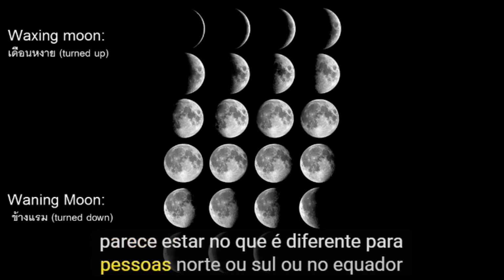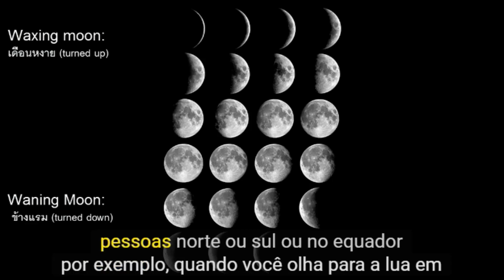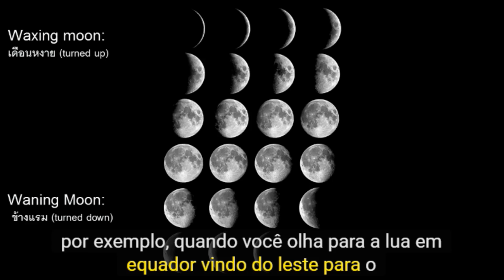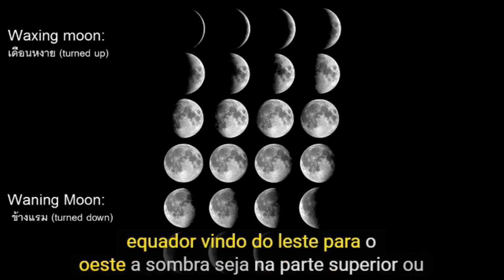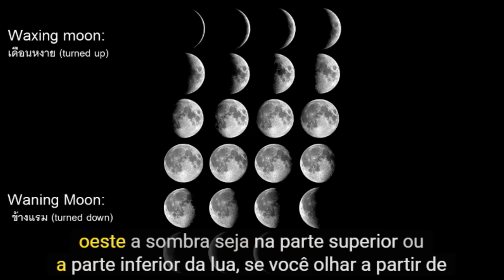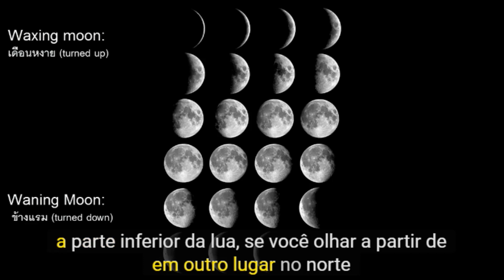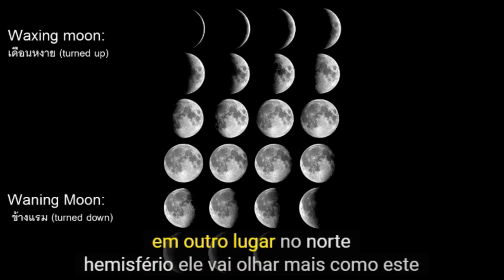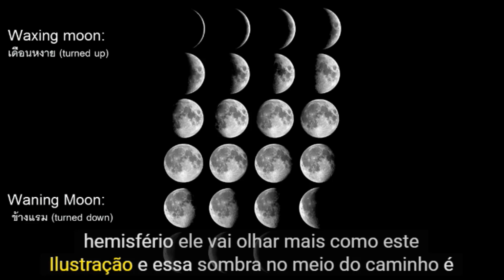It's different for people north or south or on the equator. For example, when you look at the moon on the equator coming from the east to the west, the shadow is either on the top or the bottom of the moon. If you look from somewhere else in the northern hemisphere, it will look more like this illustration.